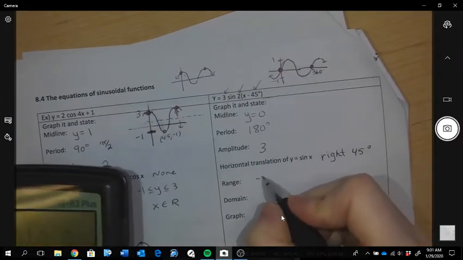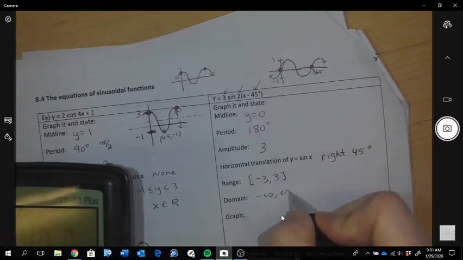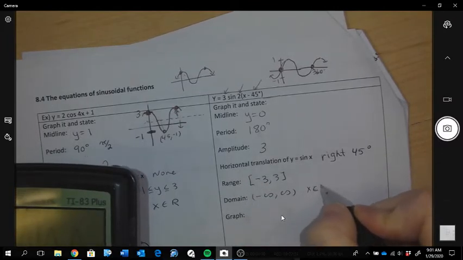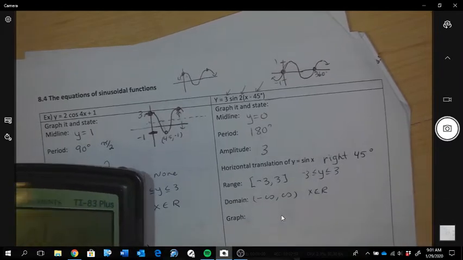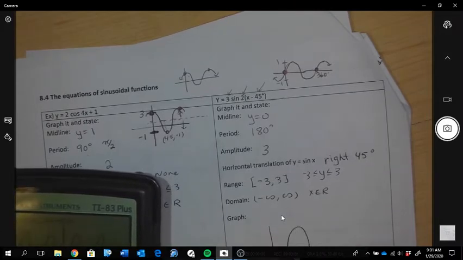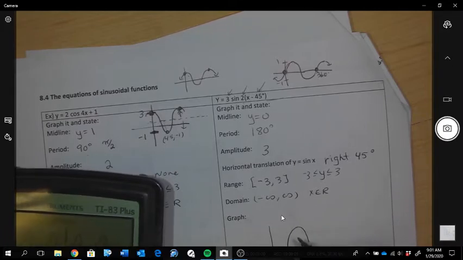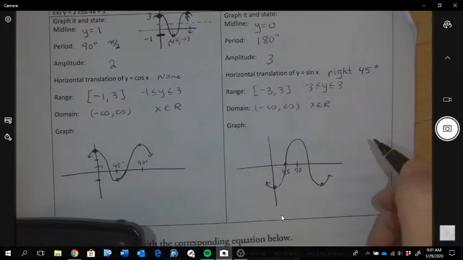The range goes from -3 to 3. Domain, the same. And so if we graph, so this was 45, at 90 it's at the top.